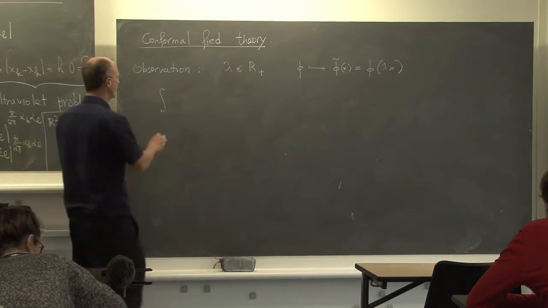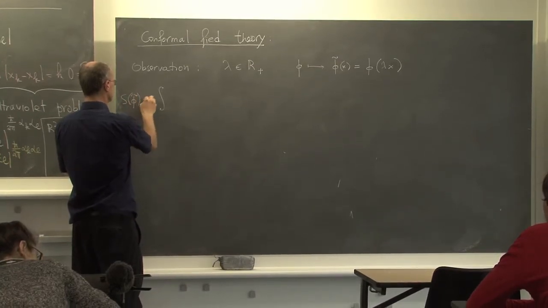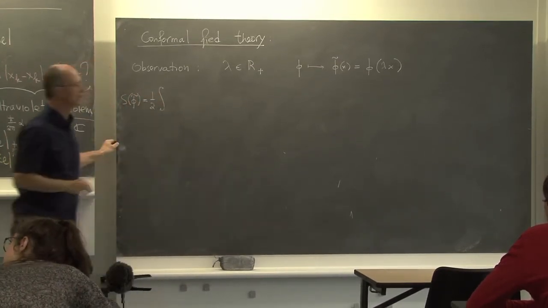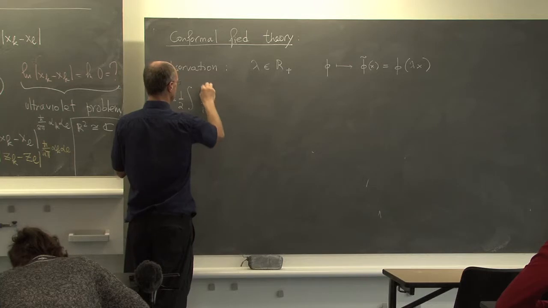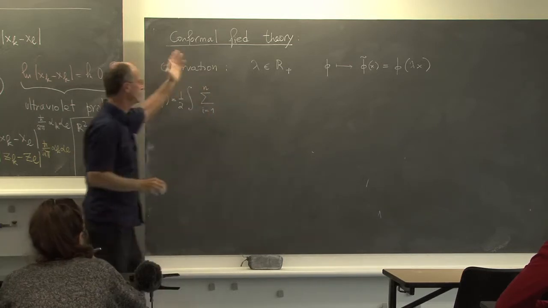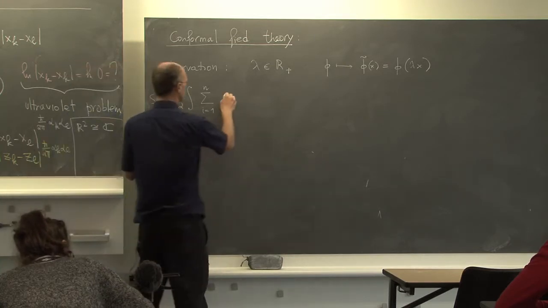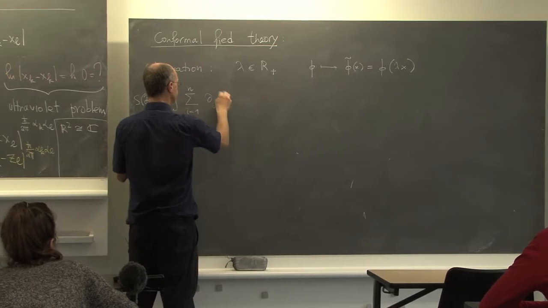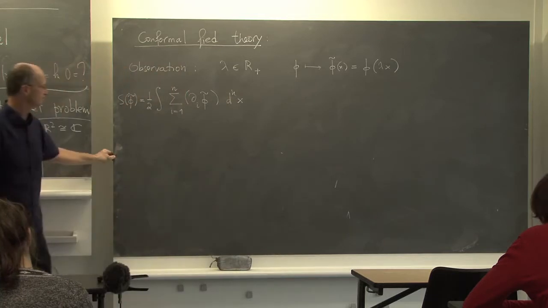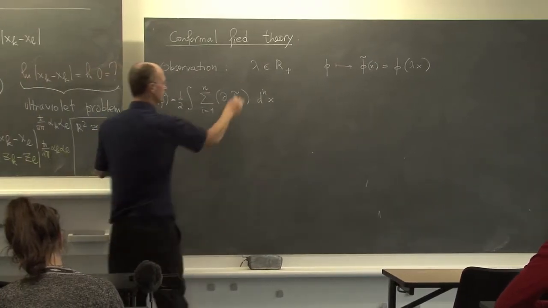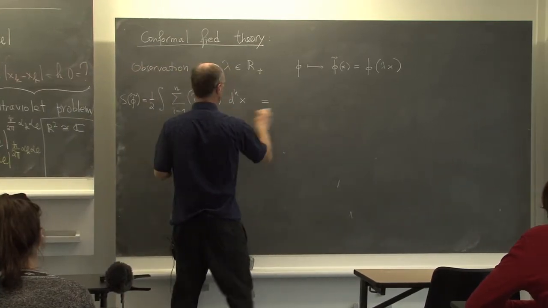So let's look at what happens with the action under this transformation. I should substitute, and I can do it for general n, but later on we'll specialize to n equal to 2. So this will be S of phi tilde, the integral of d^n x squared. So what will it be?